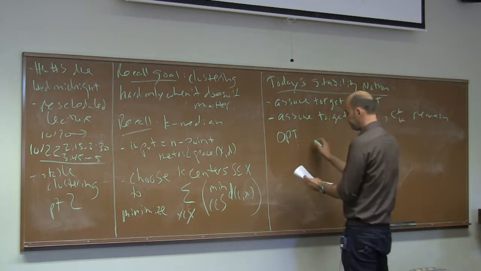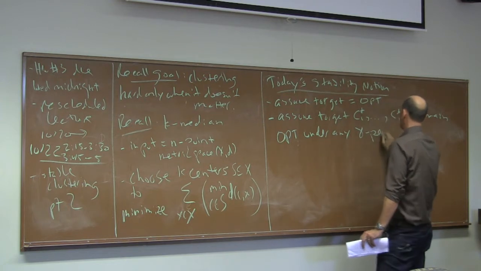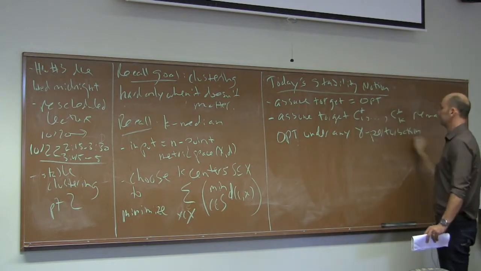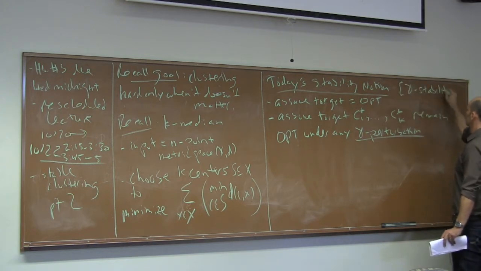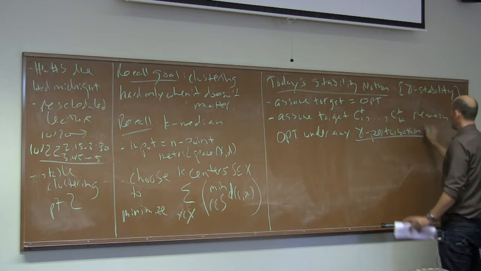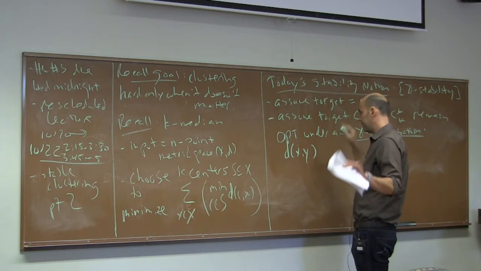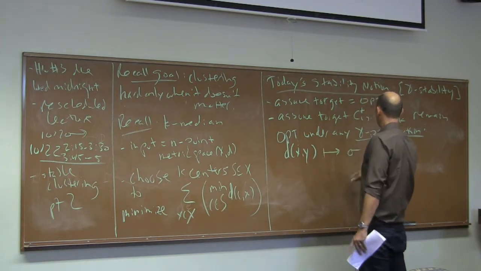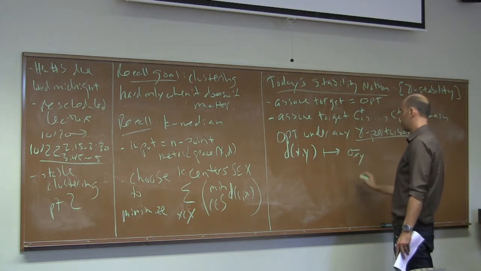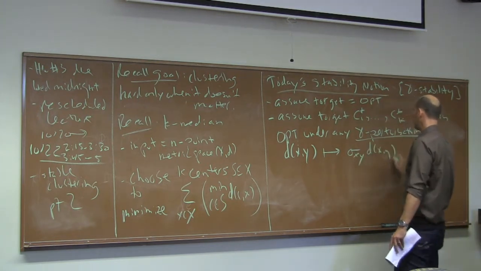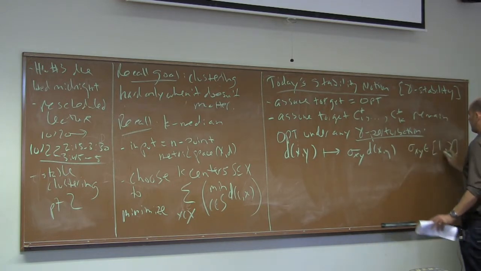So precisely, under any what I'm going to call a gamma perturbation, and in general I'm going to call this notion gamma stability. And by gamma perturbation, I just mean for each real distance d(x,y), for the purposes of thinking about whether this clustering remains optimal or not, you're allowed to perturb the distances, where here sigma is some number between 1 and gamma. Okay?